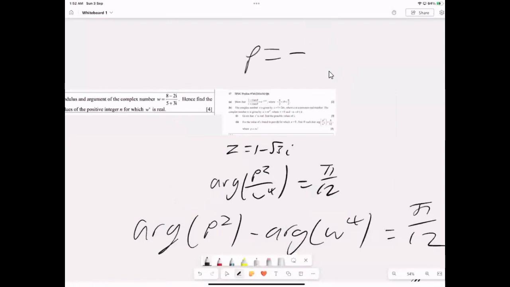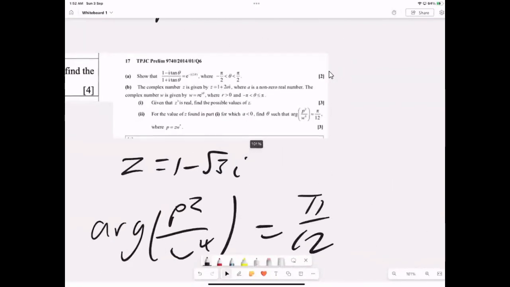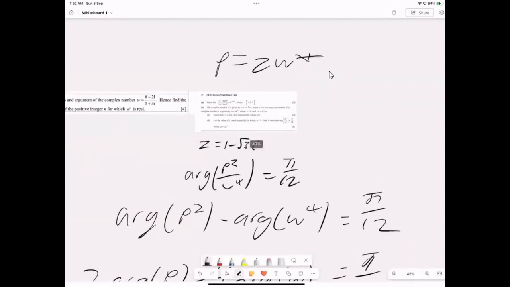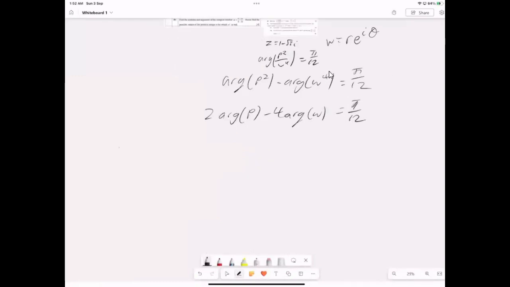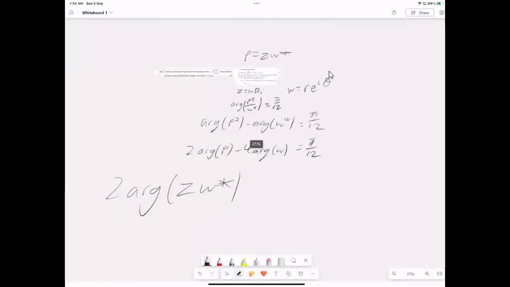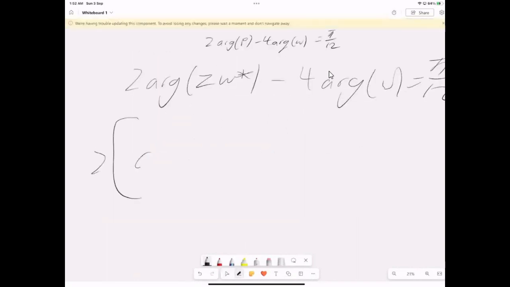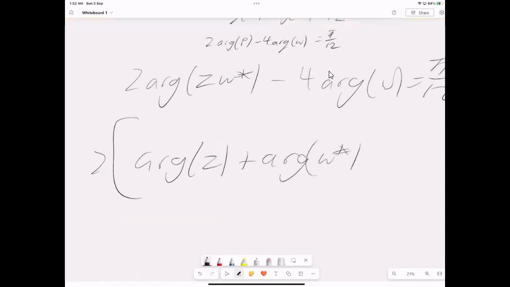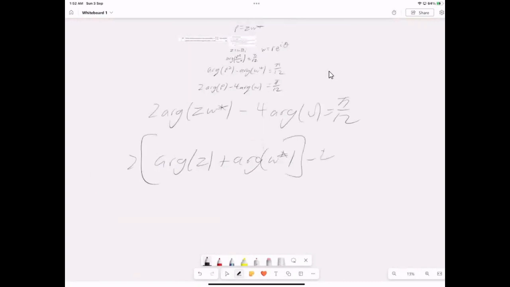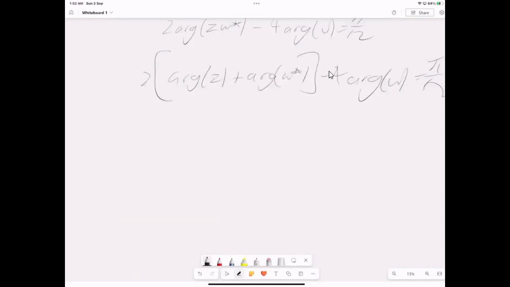So p is z times w conjugate, and we know that w equals re^(iθ). So 2 arg(z w conjugate) minus 4 arg w equals π over 12. We apply argument rules: arg z plus arg w conjugate, minus 4 arg w. You can see that it's just tedious, nothing really much to understand.